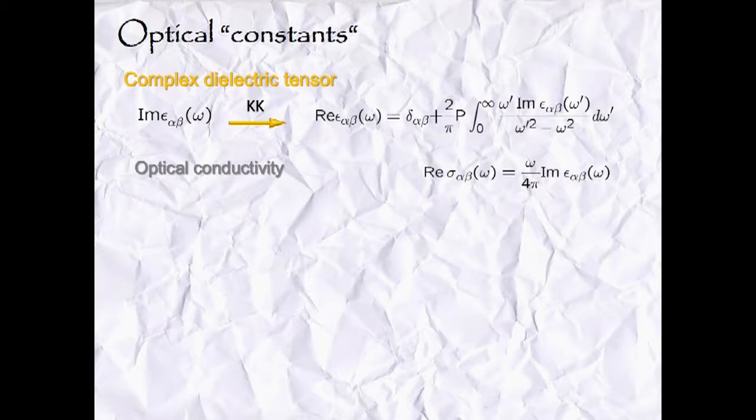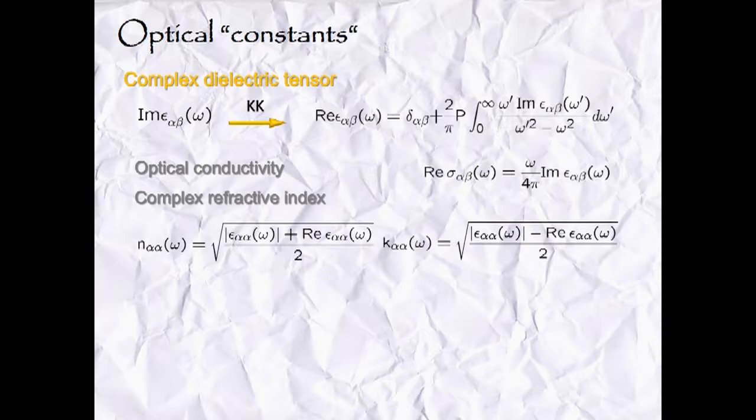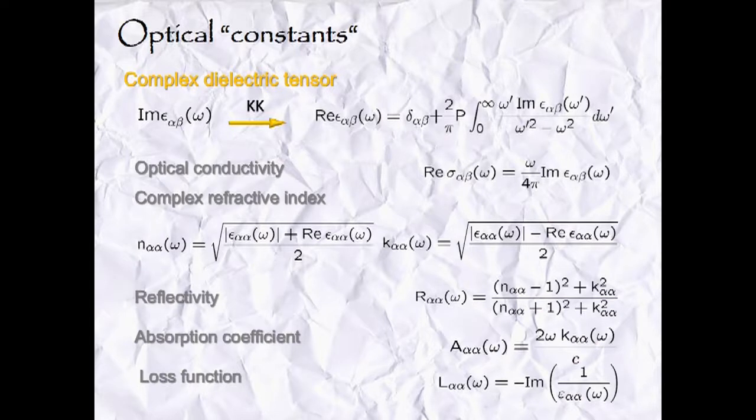We can get access to the optical conductivity, which is basically the imaginary part of epsilon multiplied with the frequency. We can compute the complex refractive index, reflectivity, absorption coefficient, loss function, you name it, whatever we are interested in. Once having computed one of these response functions, we have access to everything else.